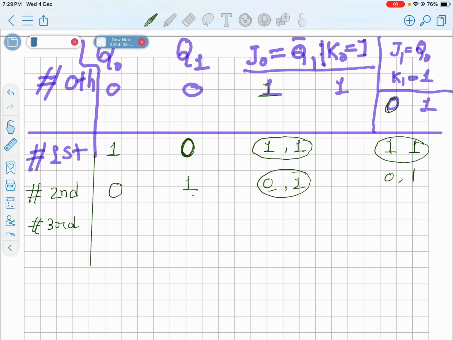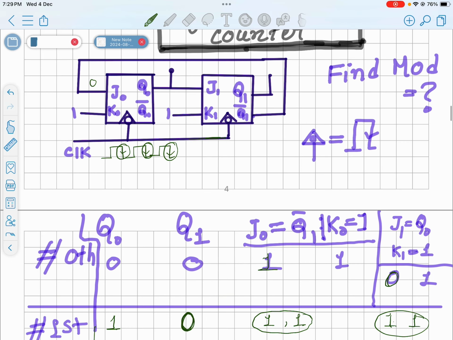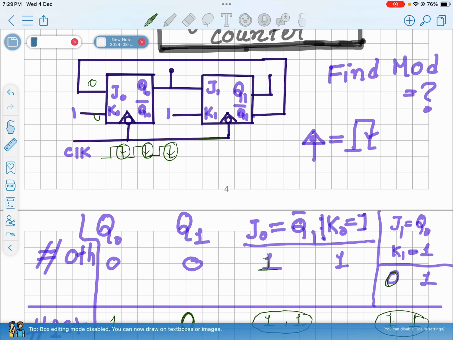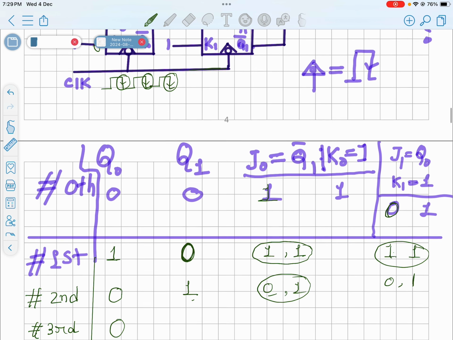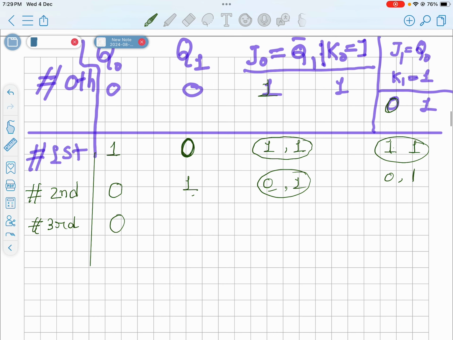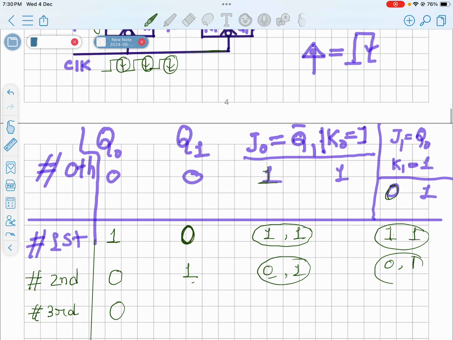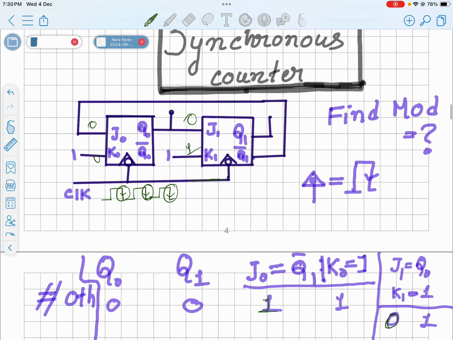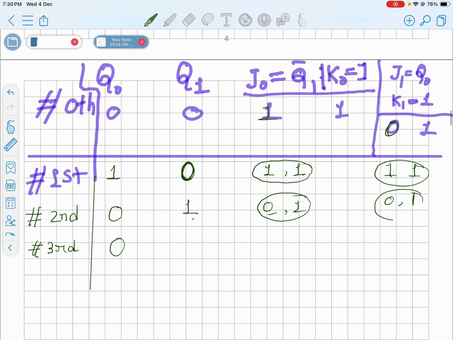Reset condition means the output will be 0. And for the other flip-flop, 0 1, that means J equals 0 and K is 1, so reset condition, and the output will be 0.